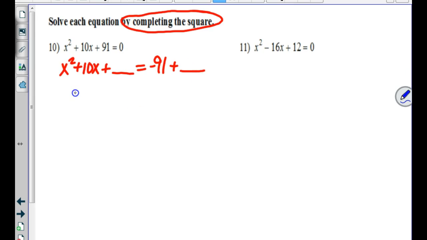Then what? So in this parenthesis goes... yep. And then squared it is 25. Negative 91 plus 25 is negative 66.